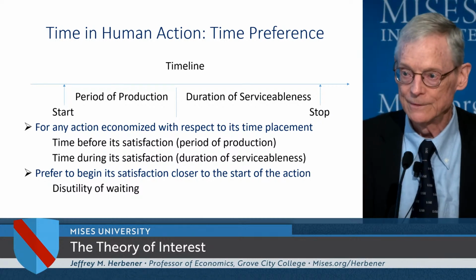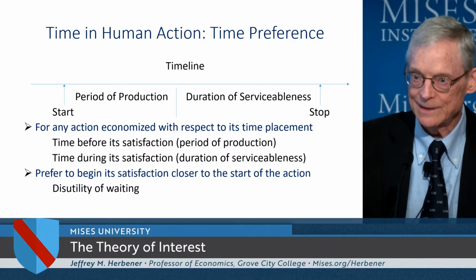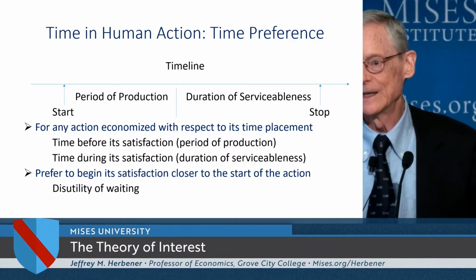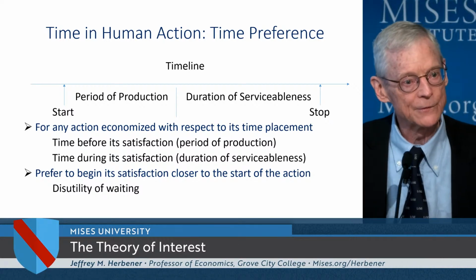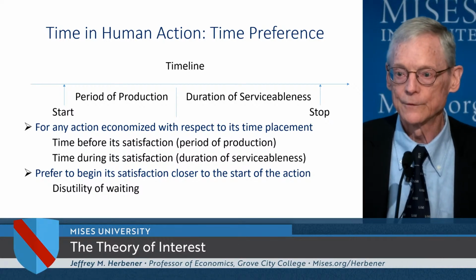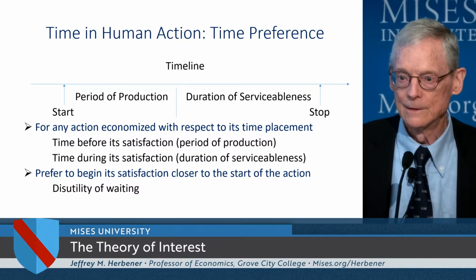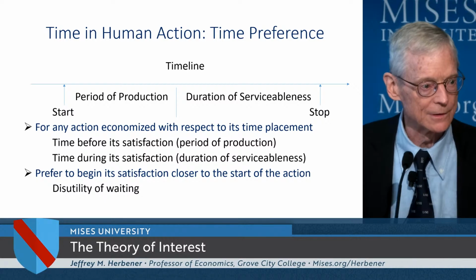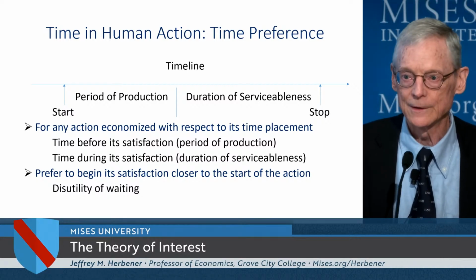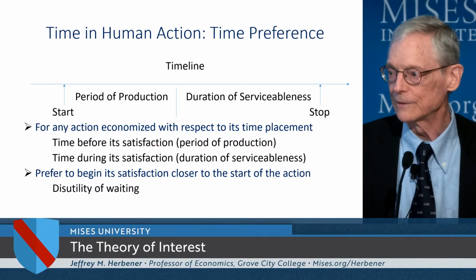Ceteris paribus. If we can use the same inputs with the same resource costs and get the same result, we always prefer to shrink the period of production. Why is this? Well, as Mises puts it, there's disutility in waiting. Waiting provides us no utility whatsoever, quite to the contrary. There's disutility in waiting. It's a waste.